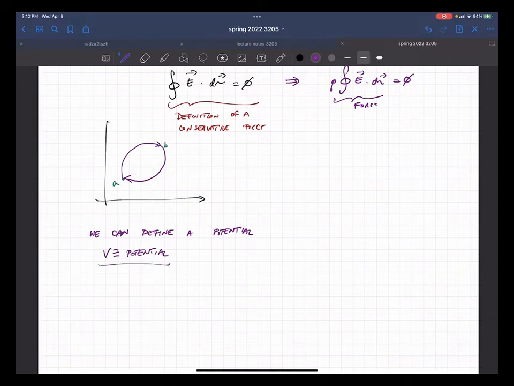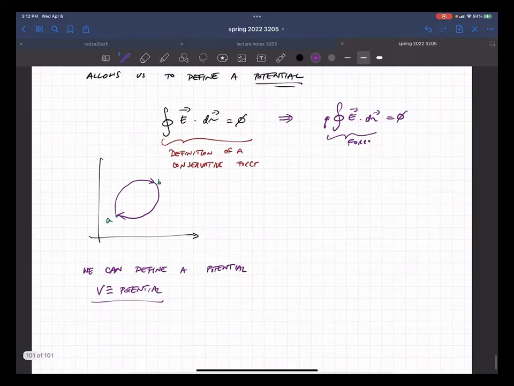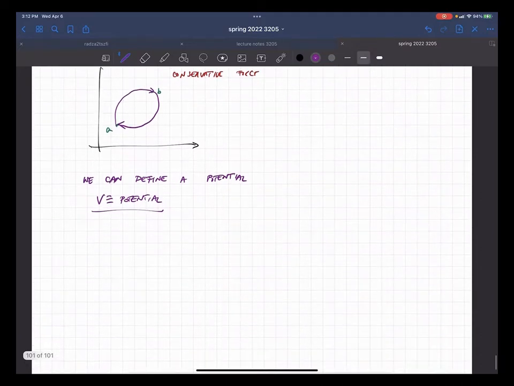Because the electric force is a conservative force, we can define a potential so that the kinetic energy of a particle, 1/2 mv1 squared, is the initial kinetic energy plus q times the V at location r1. So this is the initial potential energy, and this is the initial kinetic energy.